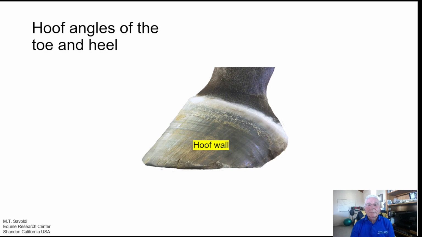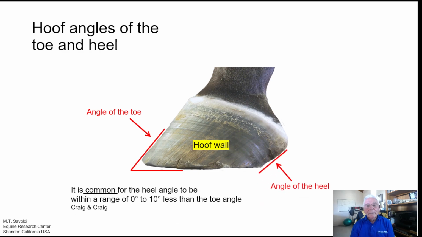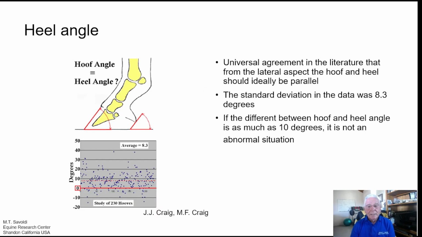Hoof angles of the toe and heel area. So there's our toe angle, here's our heel angle. Now, it is common for the heel angle to be within a range of 0 to 10 degrees less than the toe angle. Dr. John Craig and Monique Craig did a study. In their study, they measured 230 hooves.